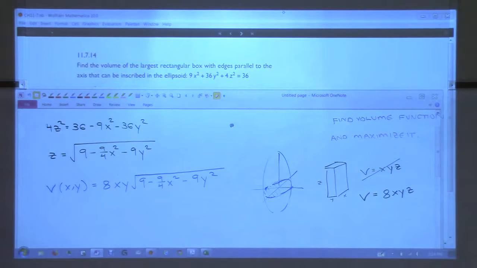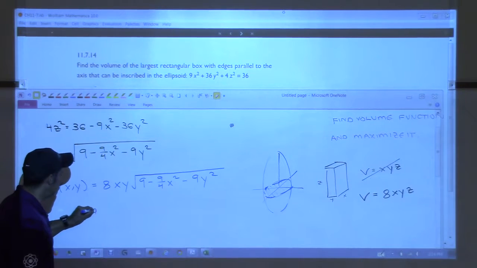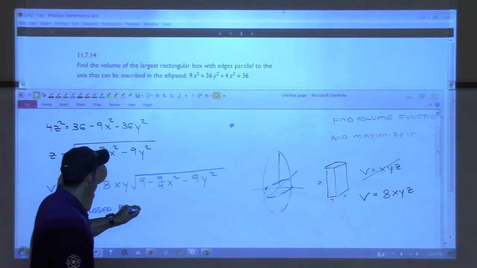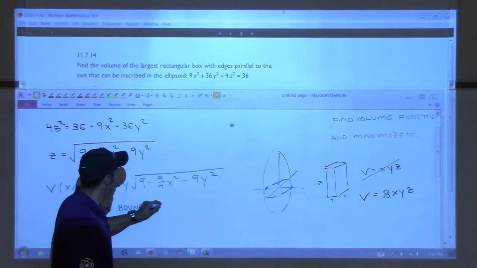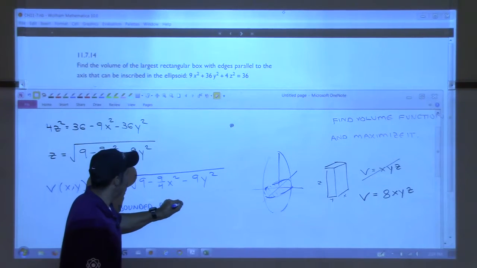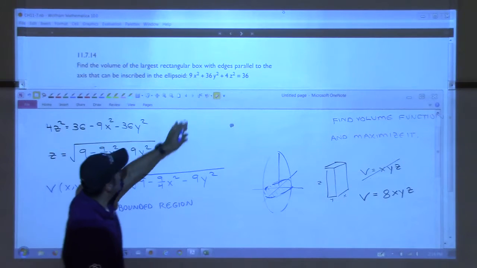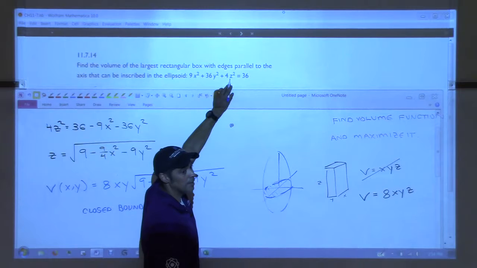In two-dimensional space, it's an ellipse. So we're trying to find the max and min on a closed bounded region, which is the ellipse that we get from letting z be 0 here.